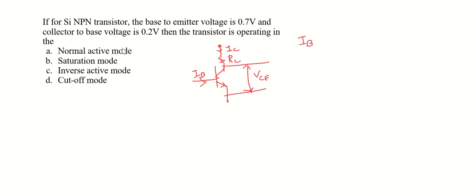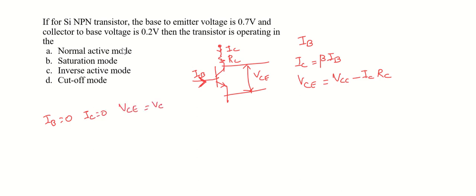IB is the input current, IC we can calculate as beta into IB, and the output voltage VCE is nothing but VCC minus IC RC. Okay, so when there is no input voltage, there will be no input current. IB will not be there. When IB equal to 0, IC is equal to 0, and VCE will be equal to VCC.